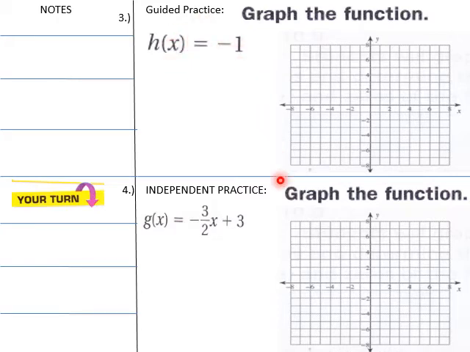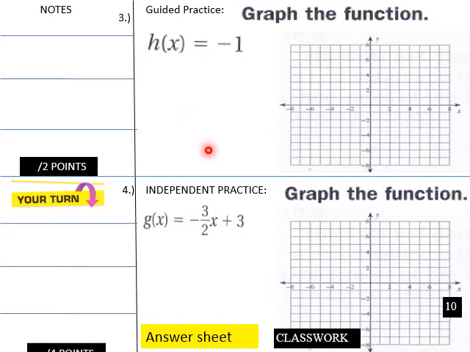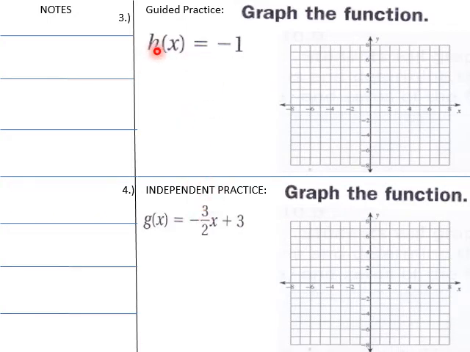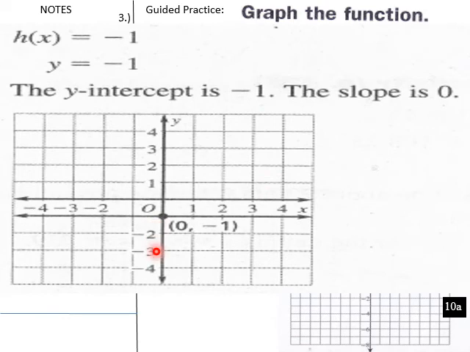Okay, graph this function: h of x equals -1. Students, this is yours down here. Let's do our guided practice first. What does the graph look like for h of x equals -1? When h of x equals -1, in other words, y equals -1, it would be a horizontal line.